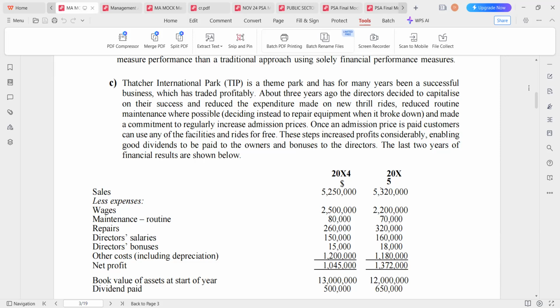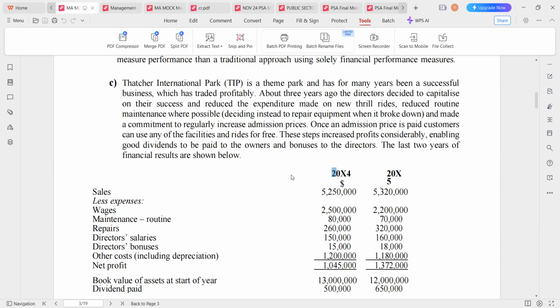Once an admission price is paid, customers can use any of the facility and ride for free. These steps increase profit considerably, enabling good dividends to be paid to owners and bonuses to the directors. The last 2 years of financial results are shown below.